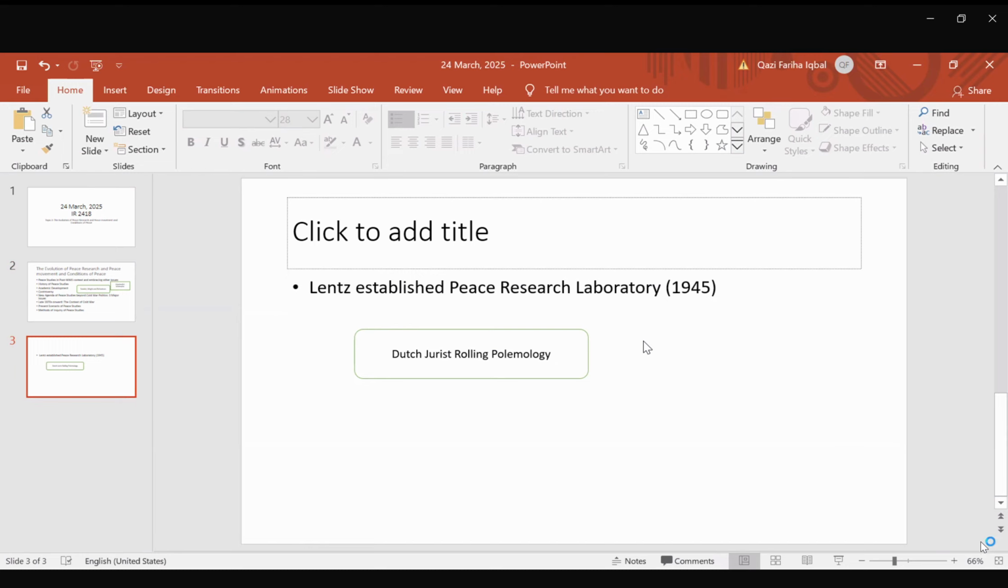Before the outbreak of the First World War, we have seen that different European states were involved in an arms race. That arms race was considered one of the many factors of the Great War. So this is a causal relationship, where you are analyzing the factors and then establishing the outcome with it. That means the cause of war is arms race, and the effect of arms race is outbreak of war. This is what we understand by the concept of causal relationship, and that is also part of the scientific approach.